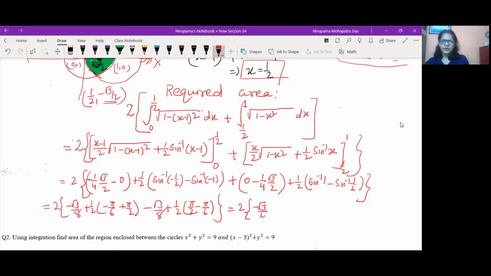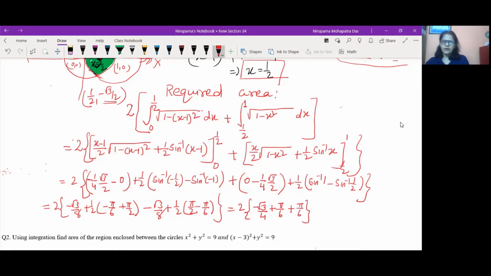Now here you can see pi by 2 minus pi by 6, 90 minus 30, 60 degree, so that means pi by 3, into 1 by 2, so plus pi by 6. Again here also you are getting the same thing, pi by 2 minus pi by 6, pi by 3, into half, pi by 6.